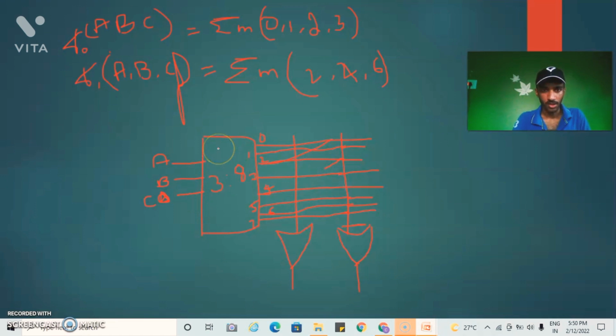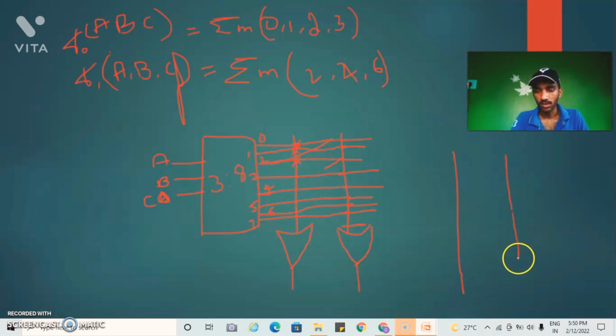I just explained how the decoder works in the previous slides. Now I'm going to connect these with cross connections.